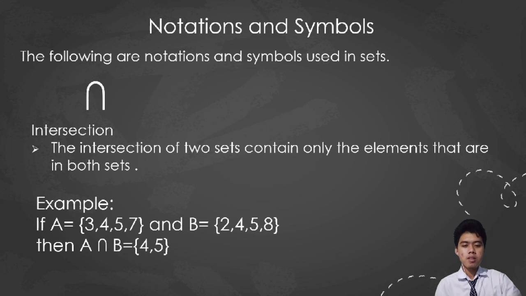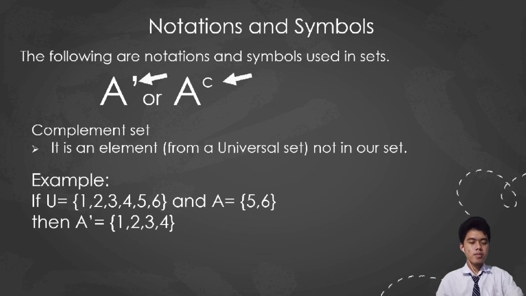So, example natin, if set A is equal to 3, 4, 5, 7, and set B natin is 2, 4, 5, 8. Therefore, A intersection B is equal to, ano yung magkapareho dun sa dalawang set? Yung 4 at saka yung 5. So, A intersection B is equal to 4 and 5.